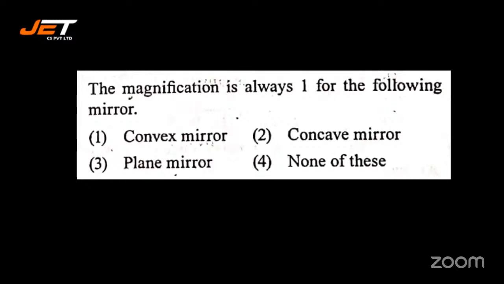We are revising the 10th class syllabus, the concepts of the whole of 10th maths and science. At the same time, we are also getting ready for Polycet, TSRJC, and all such competitive exams. All right, it is plane mirror. That's brilliant. Magnification is always 1 for the plane mirror.